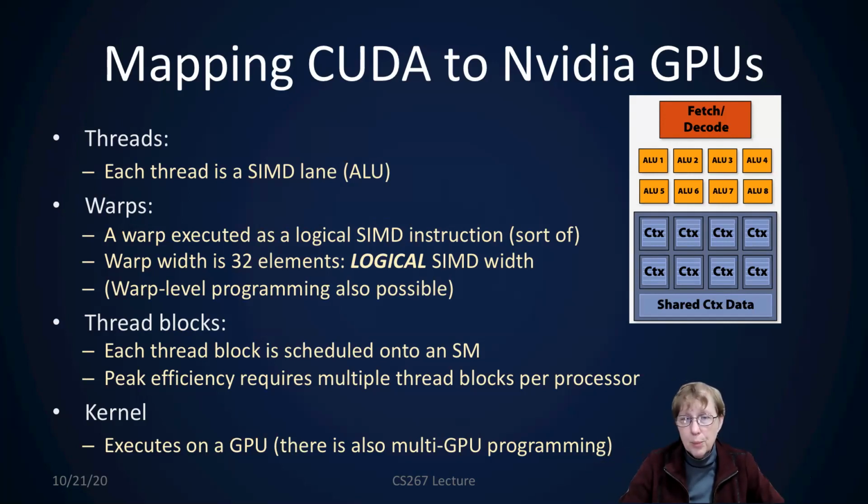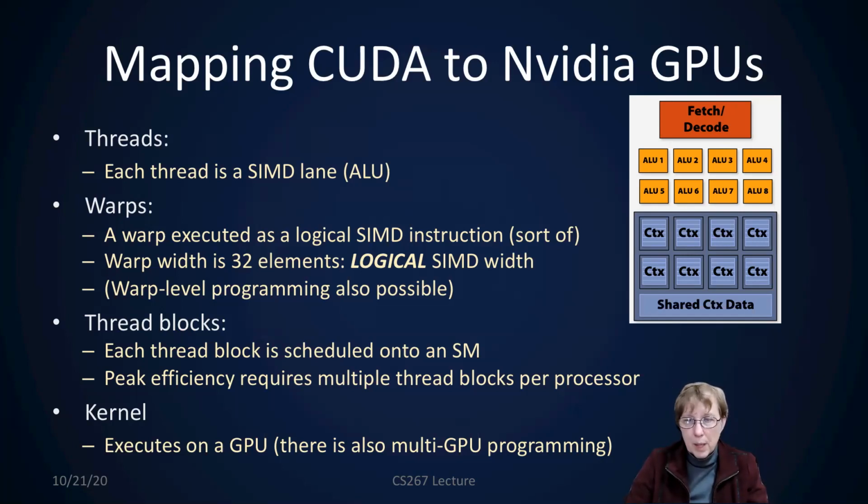There are primitives for programming at the warp level if you want to. It's something that probably only comes up if you're doing advanced performance optimizations on your code. Each thread you should think of as being mapped onto one of these ALUs. That's why I hesitated when somebody asked if it was mapped onto a core, because we think of this whole thing as a streaming multiprocessor core, but you can think of it either way.